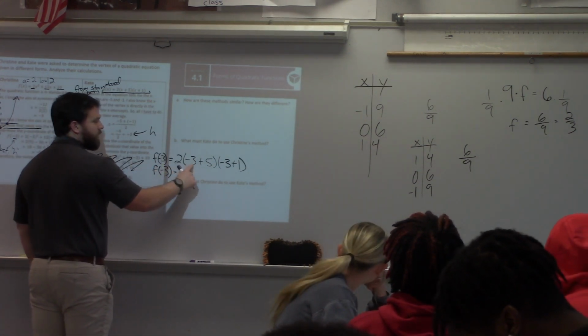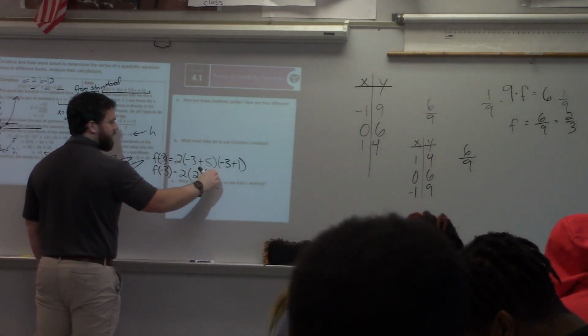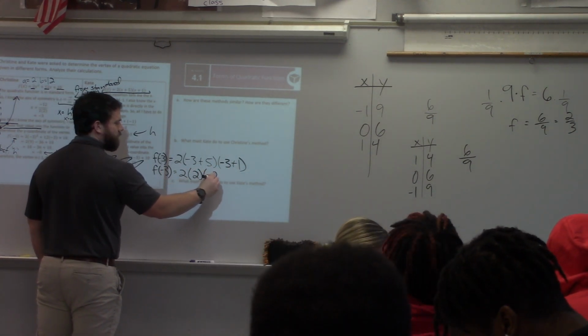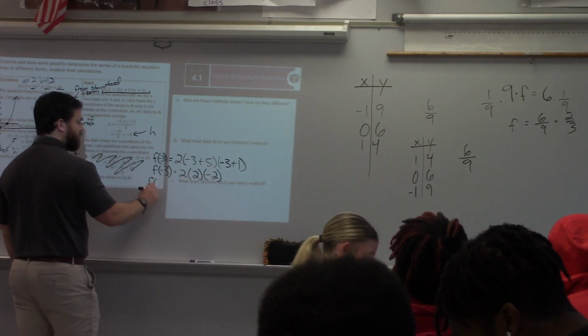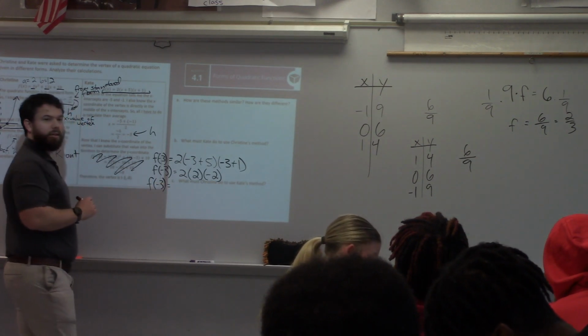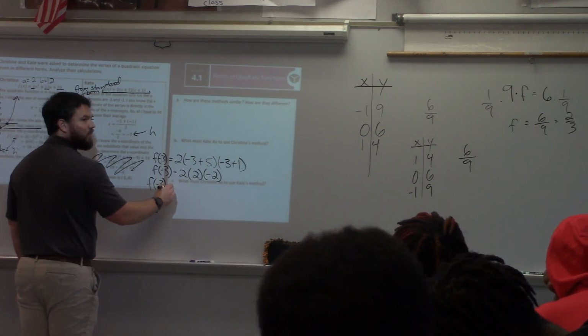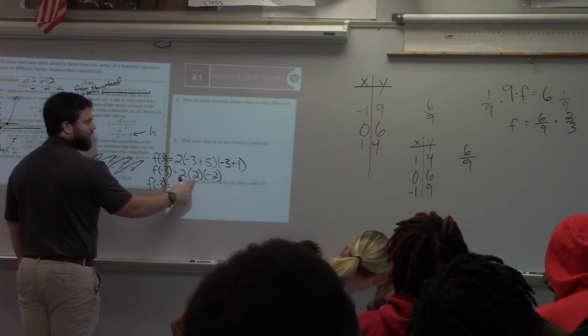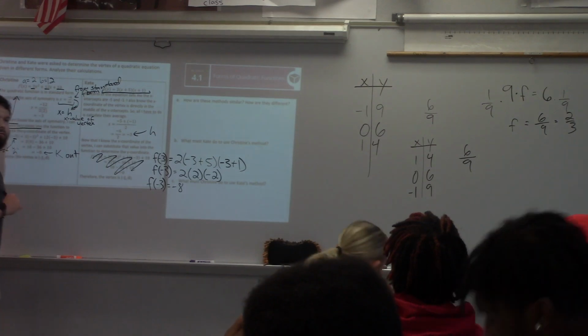And then simplifying. What's -3 plus 5? 2. -3 plus 1? -2. 2 times 2 times -2. What does that equal? Remember, we're multiplying, not adding, right? 2 times 2 is 4. 4 times -2 is -8.